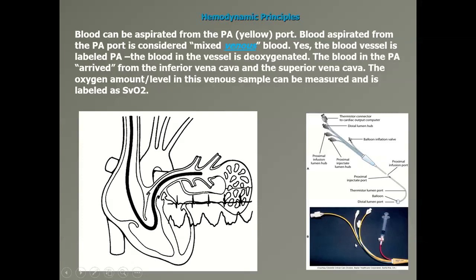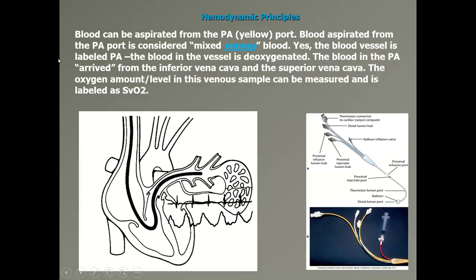These ports can be connected to pressure monitoring lines, and so we can get waveforms, but we can also draw blood from the catheter. And you can put devices on there so that pulling blood is much easier.